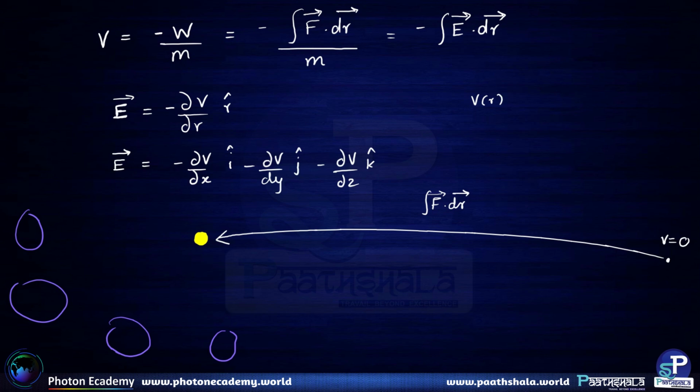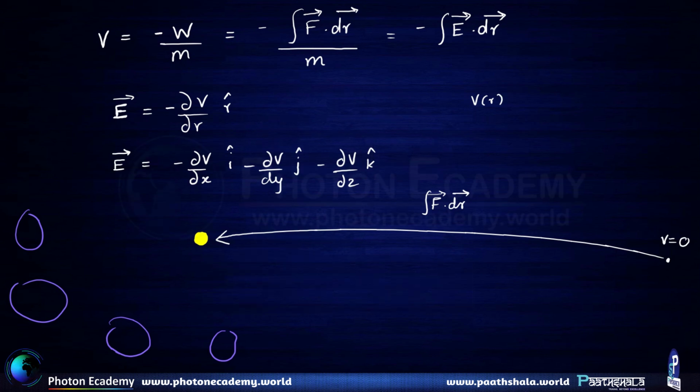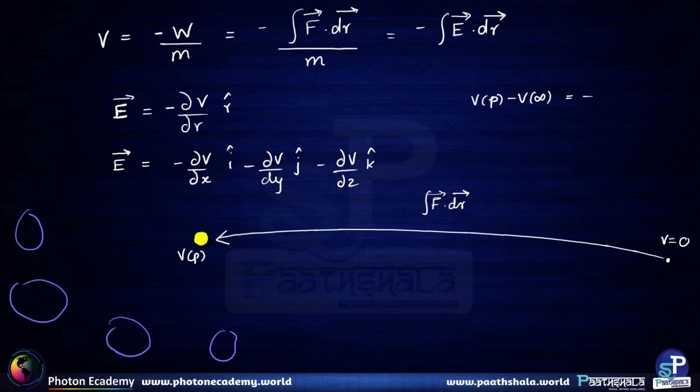Let me label this point as P. So V at the point P minus V at infinity is going to be the negative of the work done. If positive work is being done by the gravitational force, potential decreases. The negative sign comes in as a result of that. So it is minus the integration of F dot dr, whole divided by m. This is the change in potential.